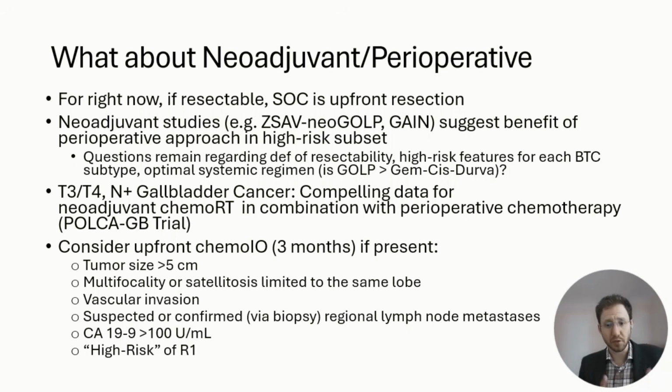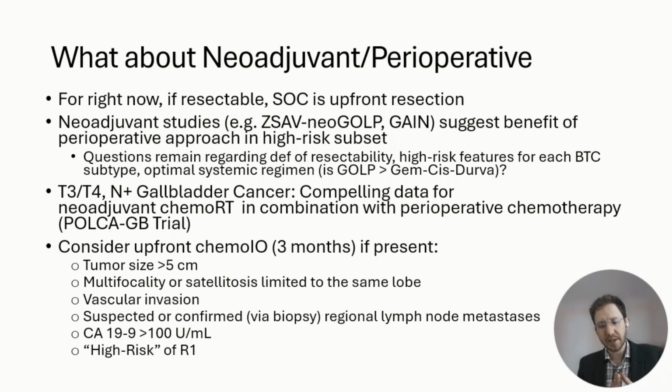And generally speaking, if someone is a T3, T4, node positive gallbladder cancer and they're in my clinic, I'm going to be thinking about a regimen that's similar to what was done in POLCA-GB with chemoradiation in combination with perioperative GEM doublet chemotherapy.